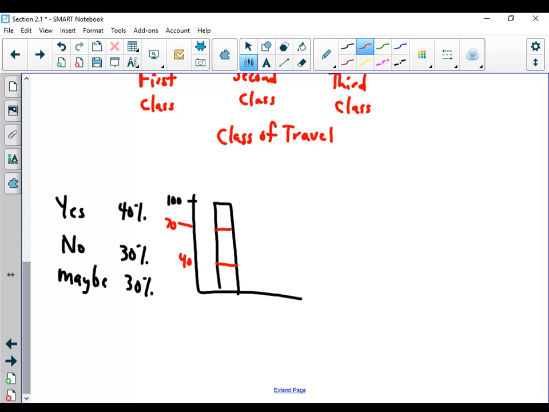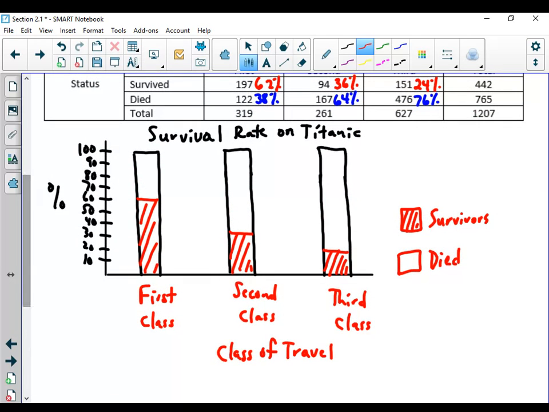So maybe I would color one of the sections in, maybe I'd stripe a different section, maybe I'd keep the 3rd section open. Okay, so if you have more than 2, it's a little bit tougher because you kind of have to keep a running total. But 2 is nice because you don't have to worry about that. All right, so that's one thing we'll have to be able to do is actually display it.